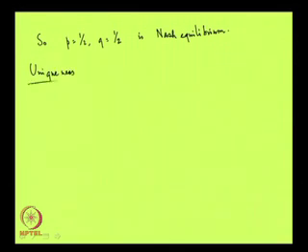Now, the next part is uniqueness, that this is the only Nash equilibrium in this matching pennies game. Now, to prove that this is the only equilibrium, what we need to assume, which is a very simple assumption, is that any player will like to maximize the probability of his getting some higher payoff than not getting some higher payoff.